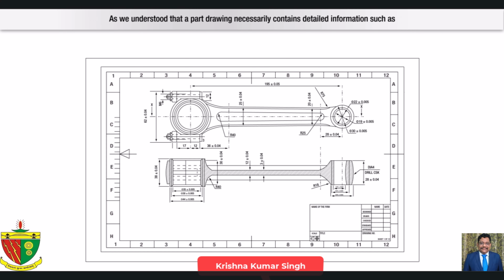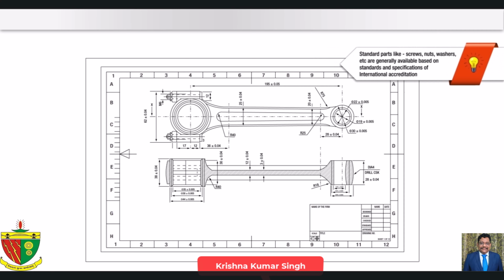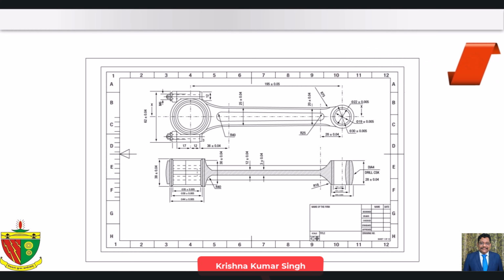As we understood, a part drawing necessarily contains detailed information such as geometry, dimensions, tolerances, specific features. Note: standard parts like screws, nuts, washers, etc. are generally available based on standards and specifications of international accreditation.